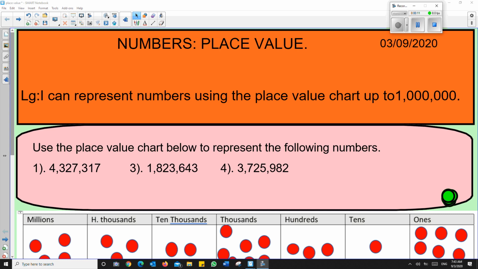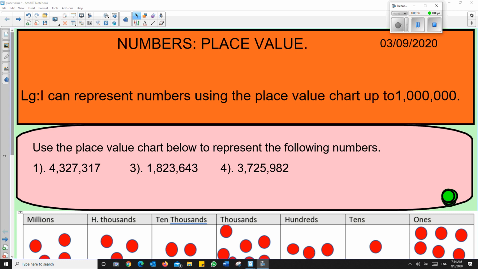Today we are going to learn about numbers and place value. Our learning goal is I can represent numbers using the place value chart up to 1 million. We are going to use the place value chart below to represent the following numbers.